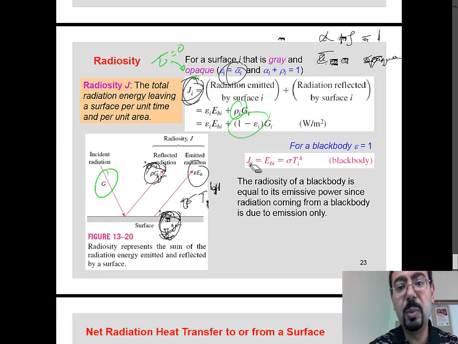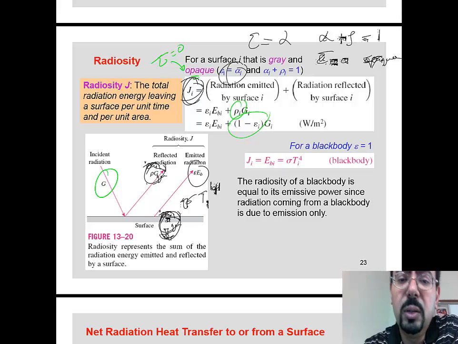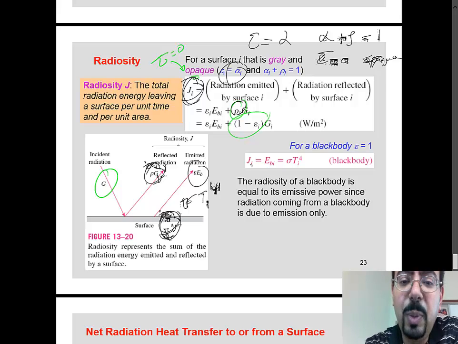Without that special material, epsilon would be alpha. So in our problem, epsilon is alpha. Now this rho should be replaced by 1 minus alpha, because tau is 0, and alpha, rho and tau used to sum to 1. If there's no tau, then rho and alpha just make 1.